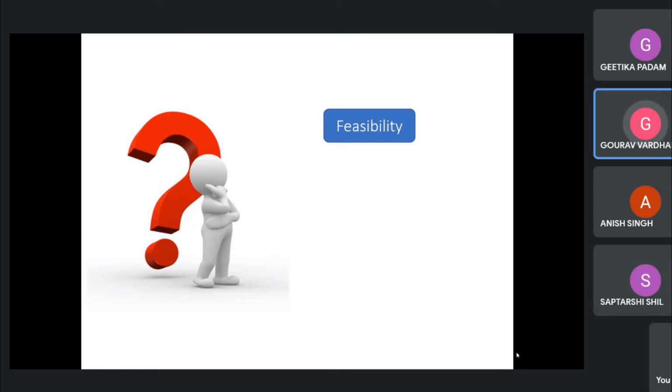The second question is how it will happen. What is the mechanism? What are the steps involved in the process? Are you getting my point? So the second question is mechanism. If you expect that it will happen, then how will it happen?